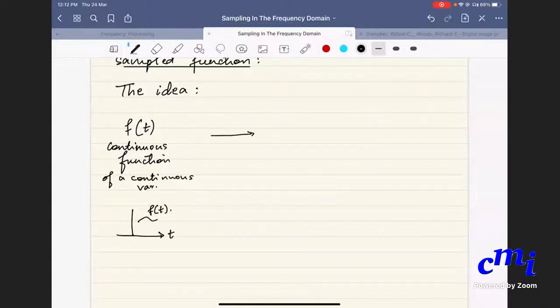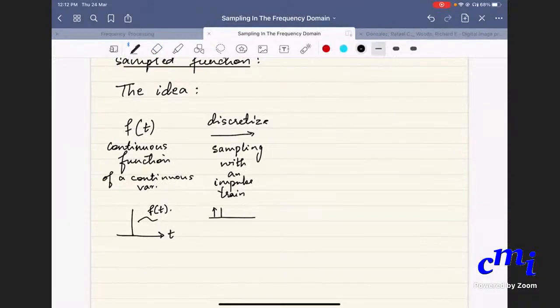Then you discretize this using sampling, or you just do sampling with an impulse train, which means you have picked out certain samples of this function.